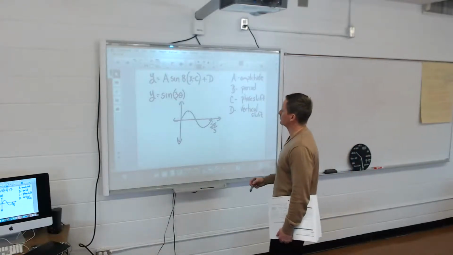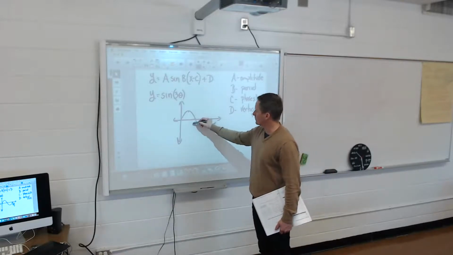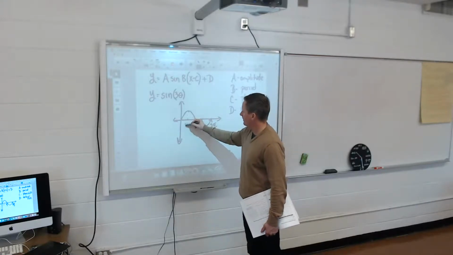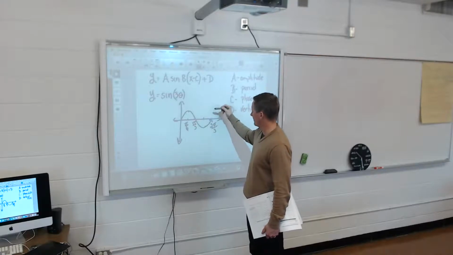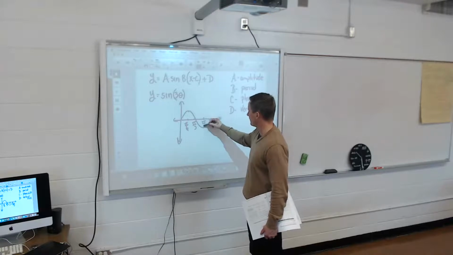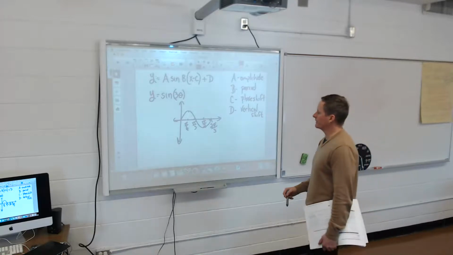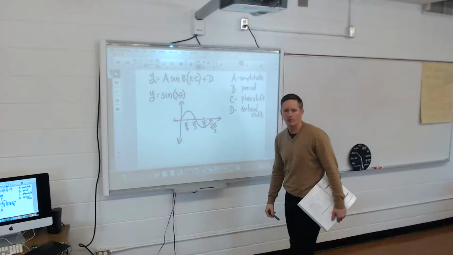Okay, that's the period. I've shrunk the period. I've divided all my values, so this would be 1 pi over 3. This here would be pi over 6, and this one would be 2 pi, 3 pi, what is that? 1 pi over 6, 2 pi over 6, 3 pi over 6, so this would be pi over 2, right there. Okay, so when we're graphing these, my period changes by a factor of 1/3.